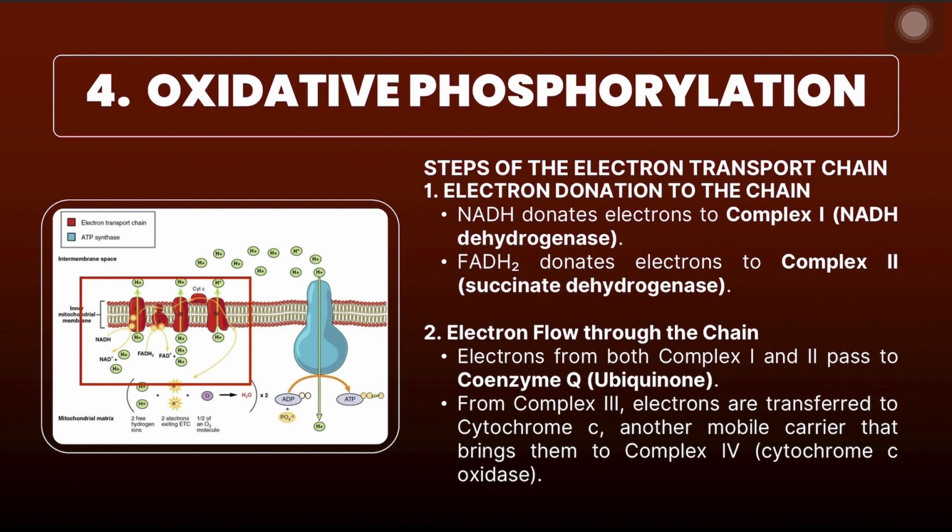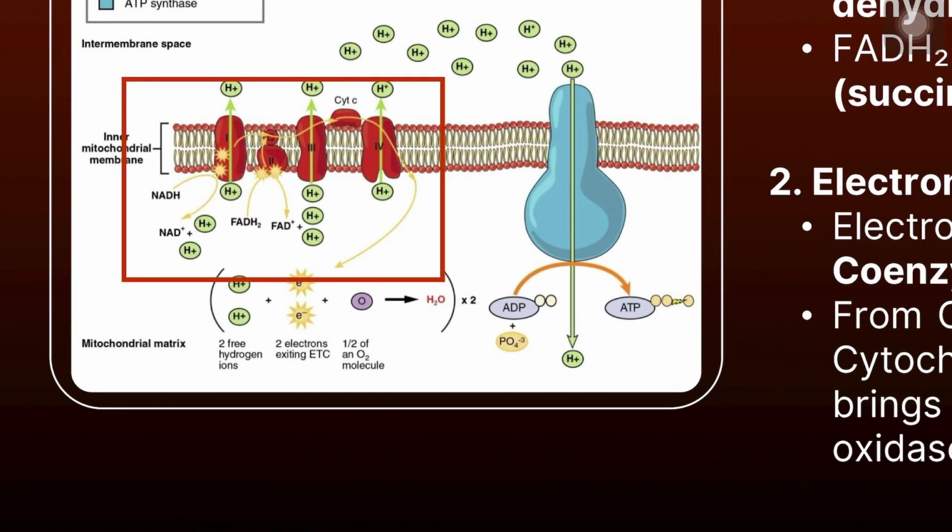Let's first discuss step 1, the electron donation to the chain. In the first step, the reduced coenzymes NADH and FADH2 donate their high energy electrons to the chain. The NADH donates electrons to complex 1, the NADH dehydrogenase.